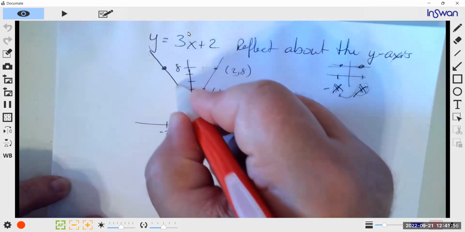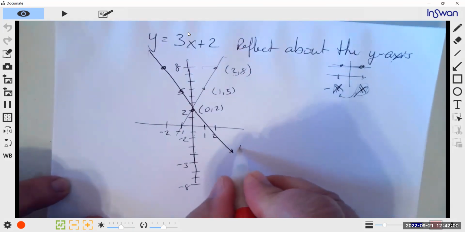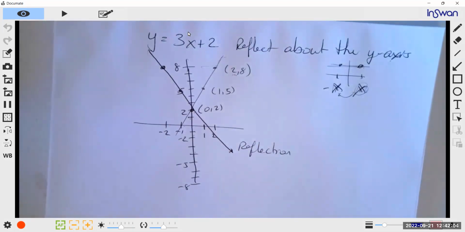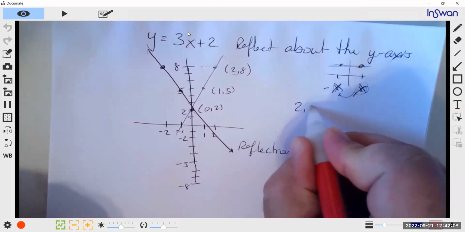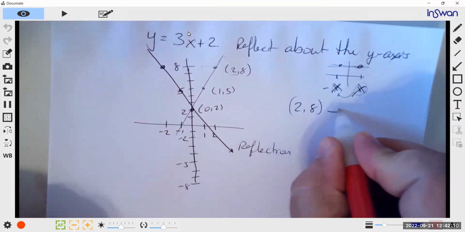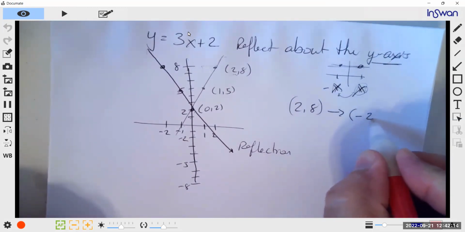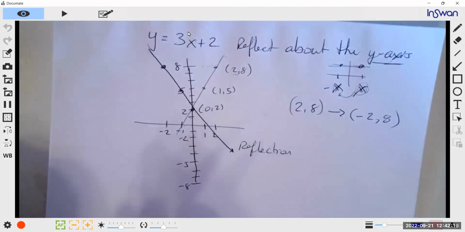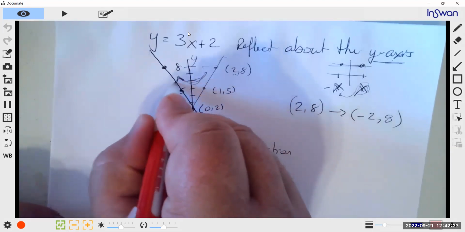So there's the reflection line. So we start off at 2, 8. To flip across the y-axis, we just change the x value. And that flips across the y-axis.